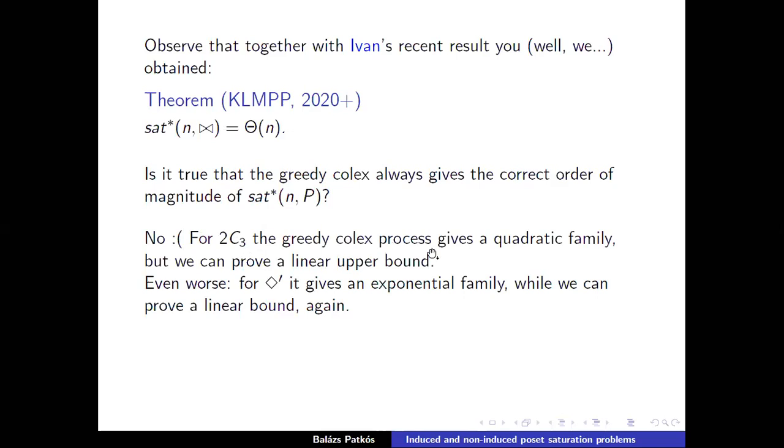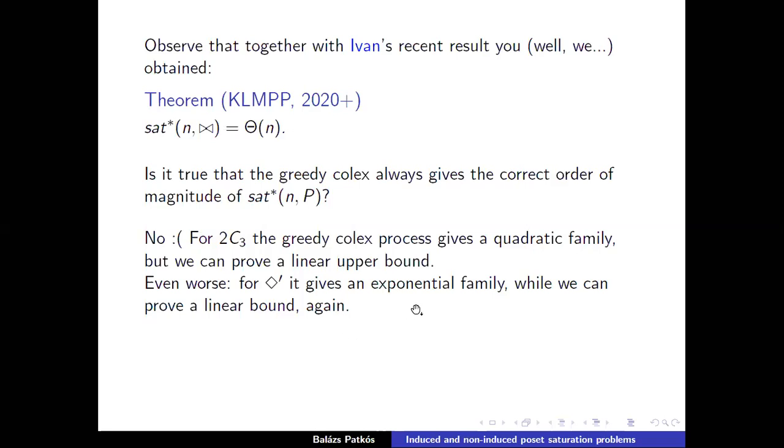And for that, the greedy collex process seemingly gives a quadratic family, but we had a linear upper bound. And even worse, we had a diamond-like poset, which I won't define, for which the greedy collex process gives a family that has an exponential size with respect to the size of the ground set.